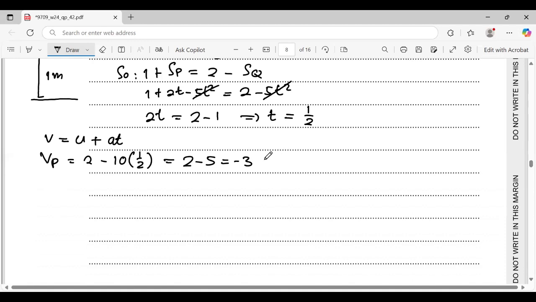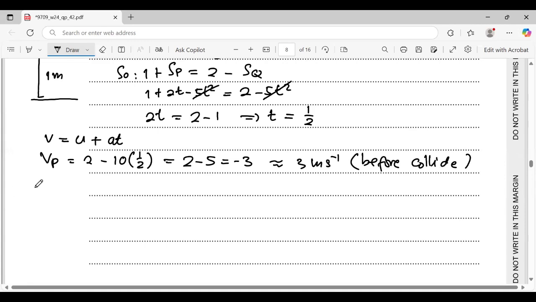But speed is never negative. So the speed of P before collide is 3 meters per second. This is before collide.